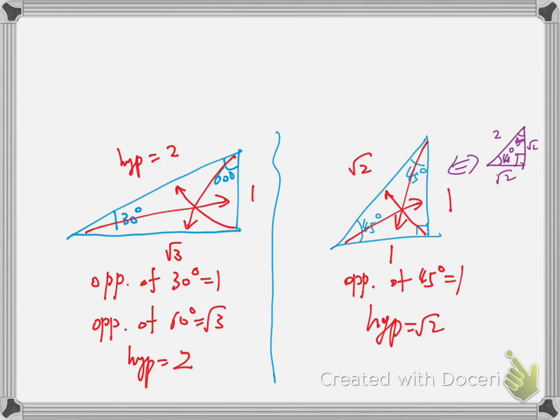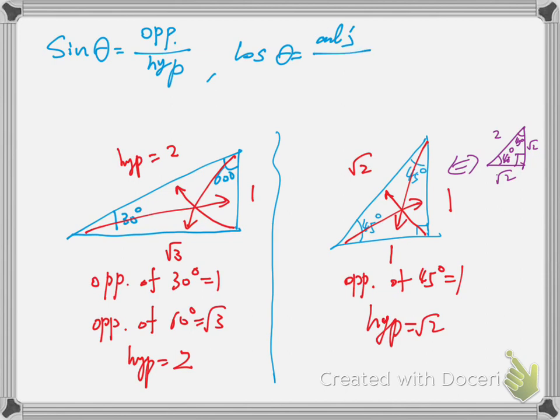Sine theta, for any angle, is the opposite of angle theta over hypotenuse. Cosine theta is the adjacent side of the angle theta over hypotenuse, and tangent is opposite over adjacent.